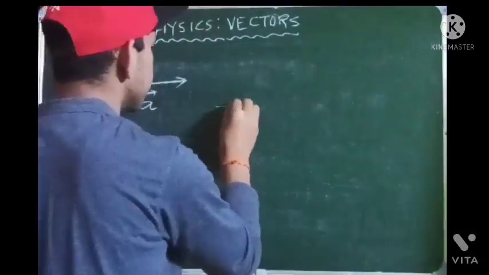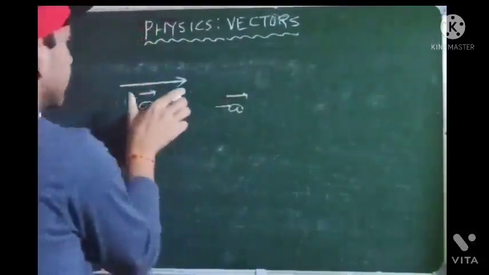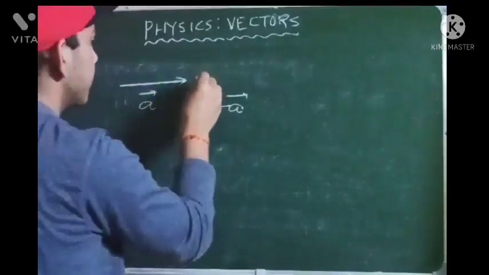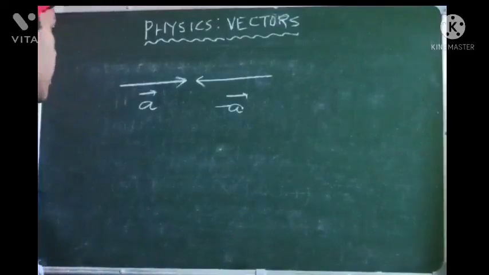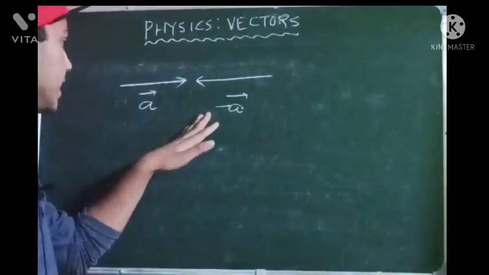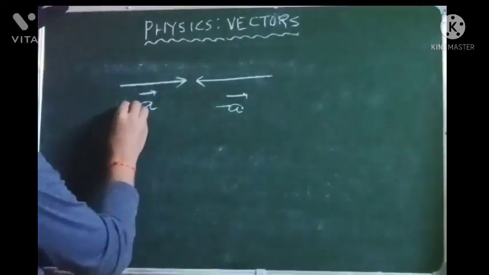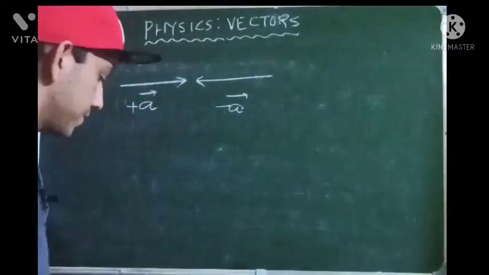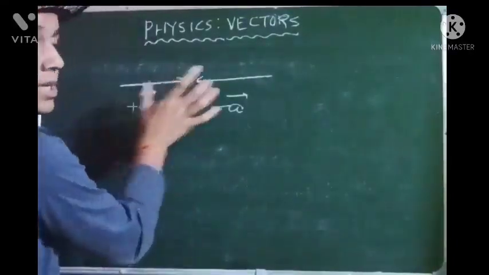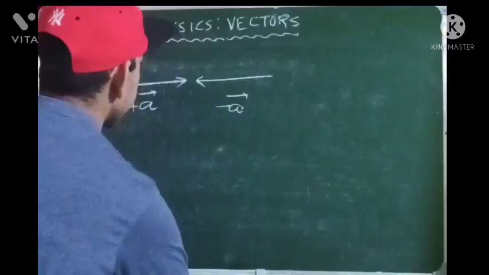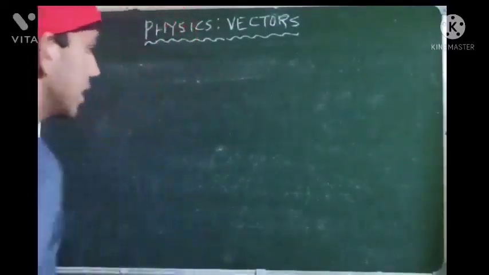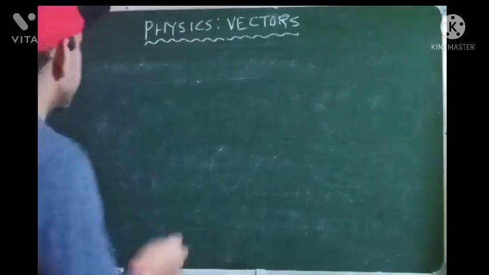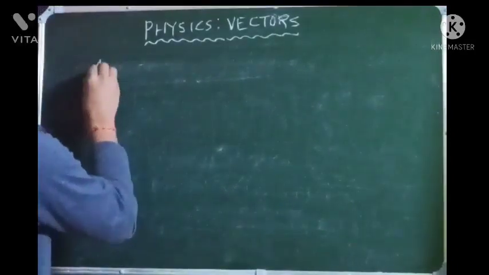Then minus a vector means the magnitude should be same, but the direction gets inverted. So this is the meaning of the negative sign. This is plus a vector, this is minus a vector. The magnitude remains same in both the cases. Next we are going to see addition of vectors.